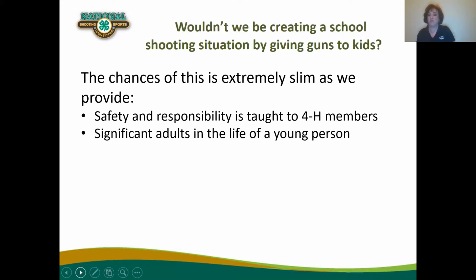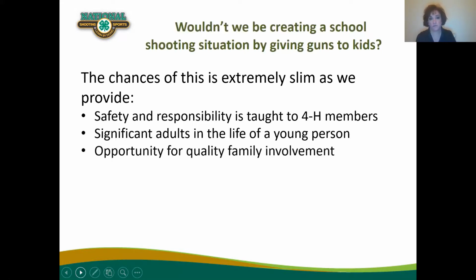The adults involved in the 4-H program are definitely positive influences in the lives of the young people that they serve. Another major reason is that 4-H is a family-oriented activity. 4-H parents know what their kids are up to, and they know what other kids are up to. That's a novel concept.